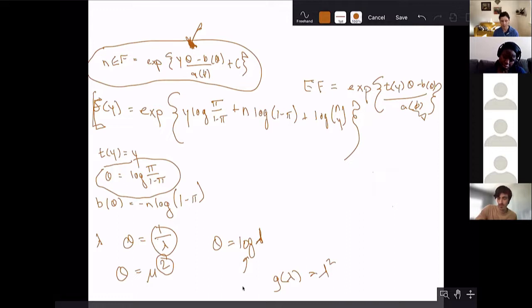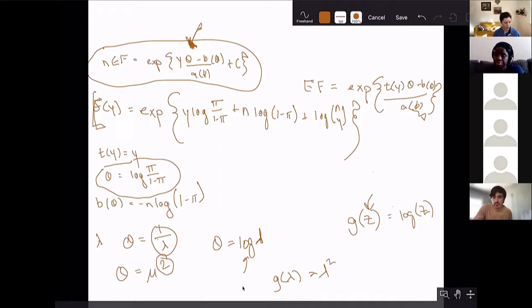So g of x, or maybe x is not the right variable to use because x is usually your covariates, but g of z, where z is just some variable, is just the link function applied to z, and that can be any function of that parameter z. So if you have a log link, then that would just be log of z.